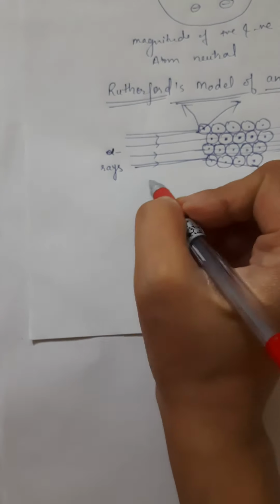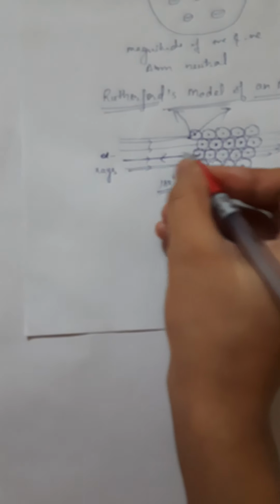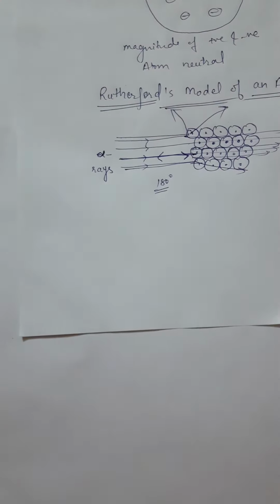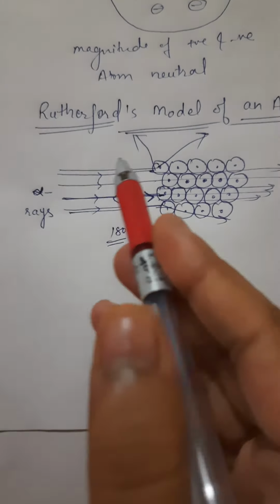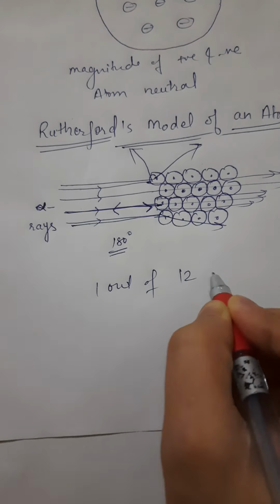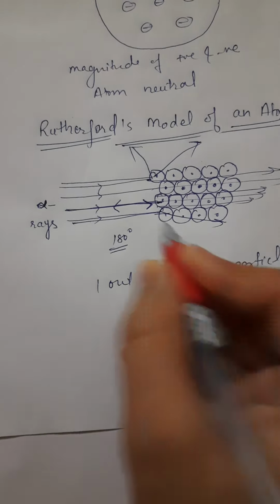And only about 1 out of 12,000 particles will go straight and come back, making a 180-degree angle.